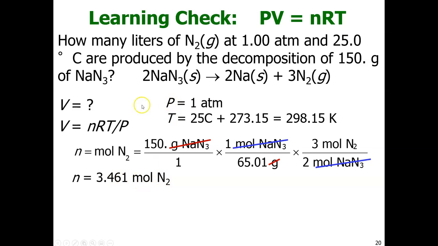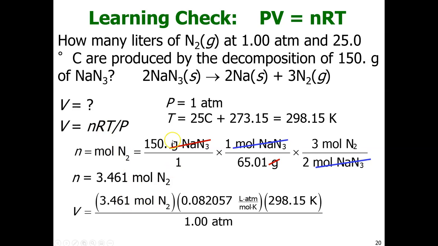Now I have P, I can plug that in here. I have the temperature, I can plug that in here. I have n, I can plug that in here. And as I mentioned on the last slide, R is equal to 0.082057 liters times atmospheres over moles times Kelvin.